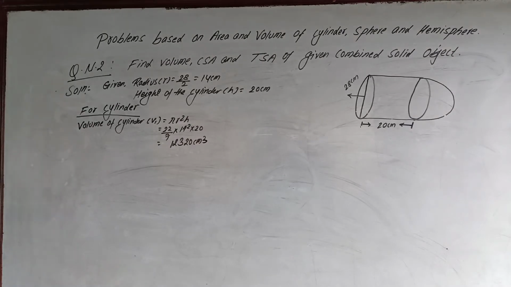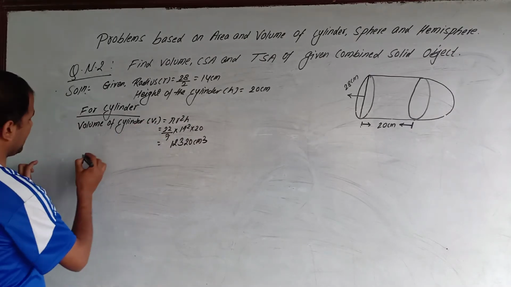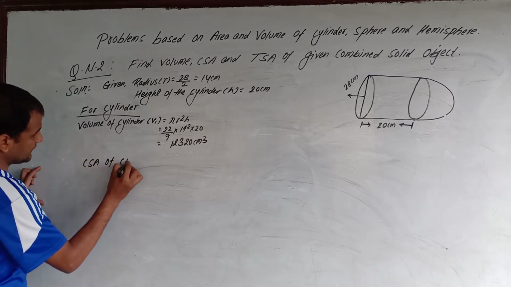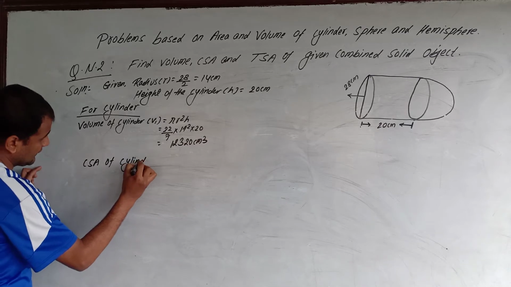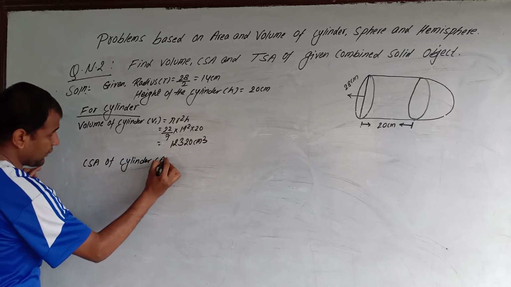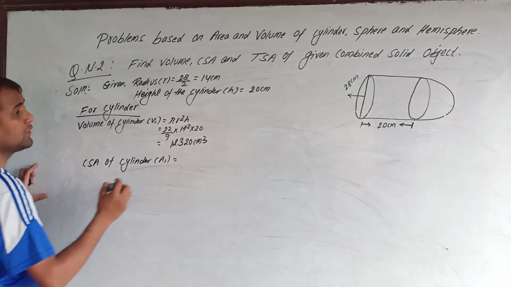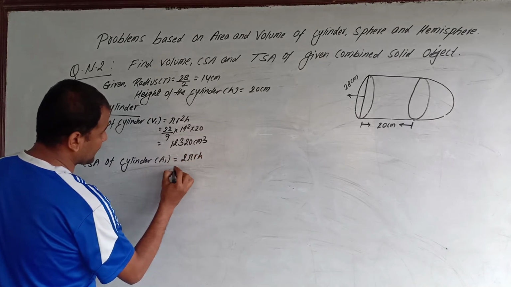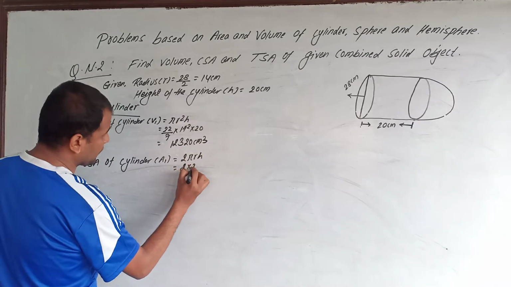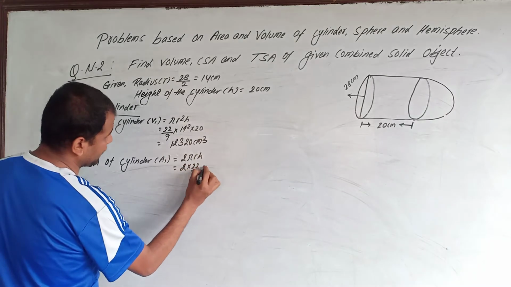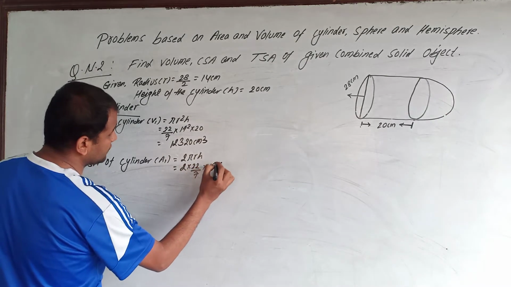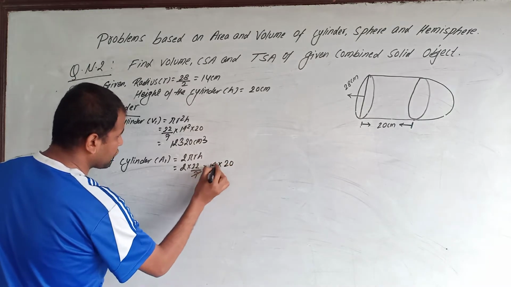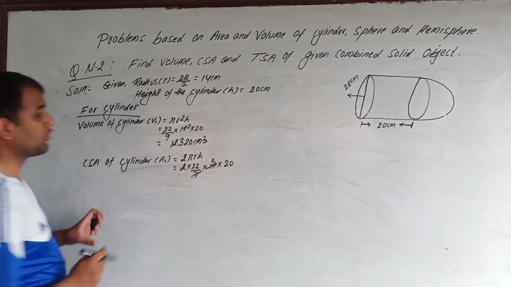And find CSA of the cylinder also. The curved surface area of the cylinder is denoted by A1. A1 is equal to 2 pi r h. That is equal to 2 into 22 by 7 into r is 14 into h is 20. 7 2s are 14.